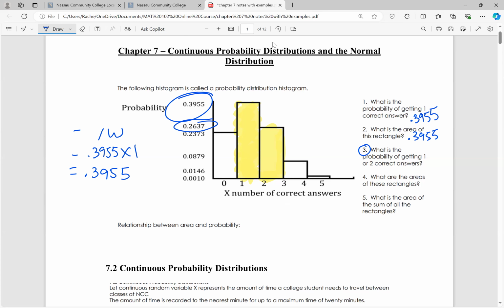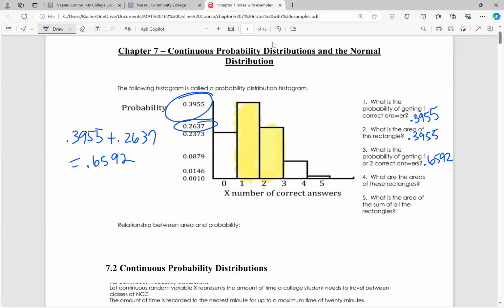So we're going to add 0.3955 plus 0.2637, and we get 0.6592. So 0.6592 is the probability of getting 1 or 2 correct answers.